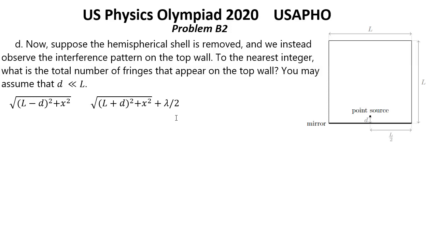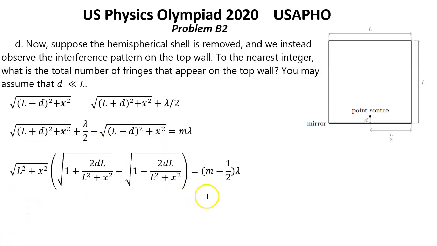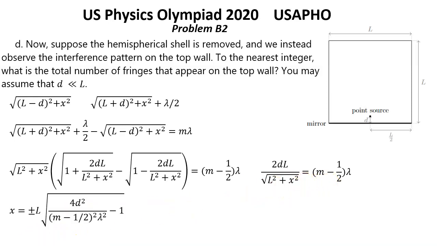Subtracting the two distances gives us roughly this expression, or using Taylor expansion, we have roughly this expression. Now we can again use approximation, and we have this one, and from here we can count what is x.